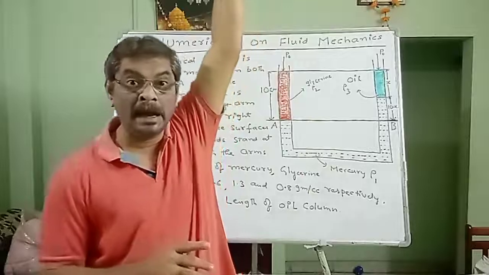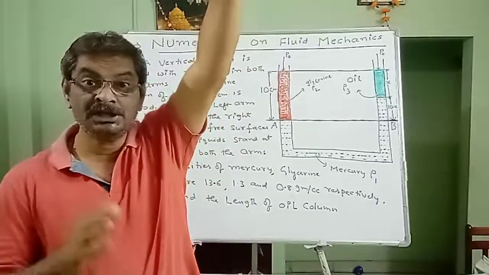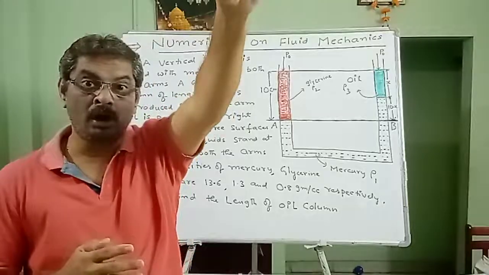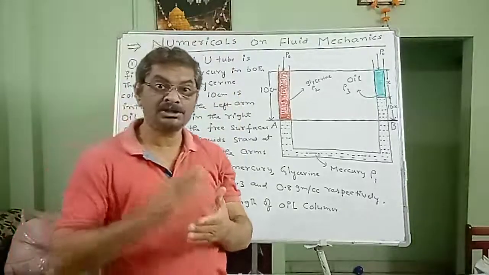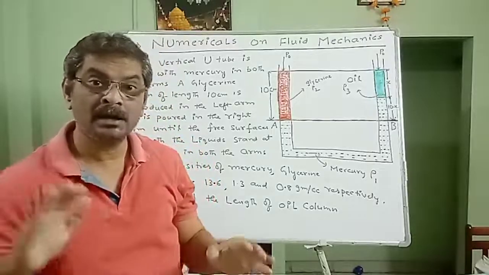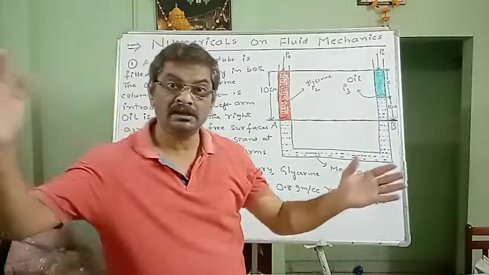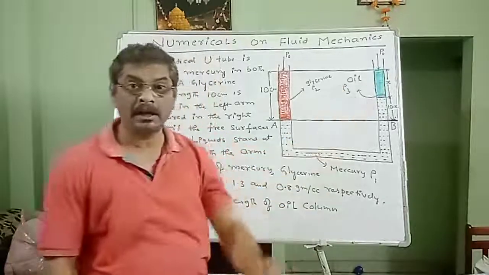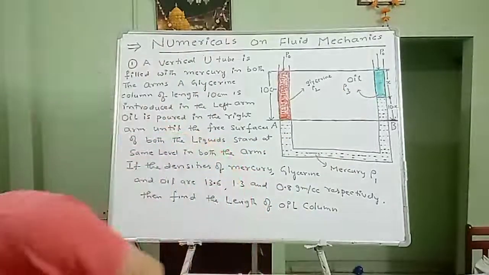Given that the densities of mercury, glycerine and oil are 13.6, 1.3 and 0.8 gram per cc, we are asked to find the length of the oil column.